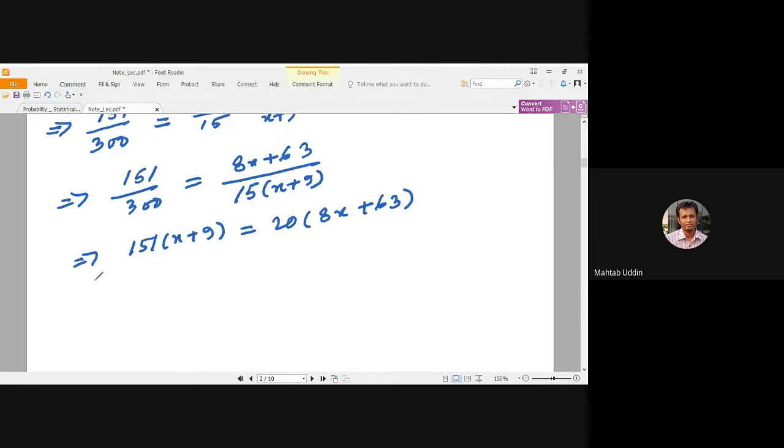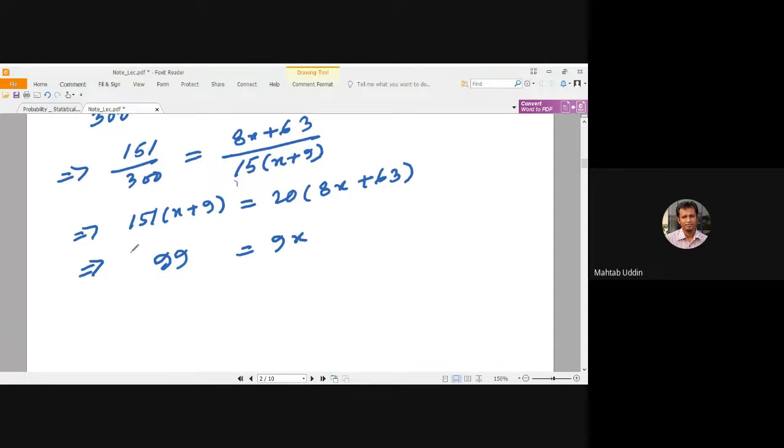Then after the simplification you'll get 151x minus 160x equals 151 into 9 minus 20 into 63. So what is x? 11. Do you understand?